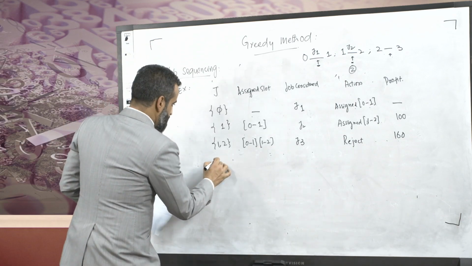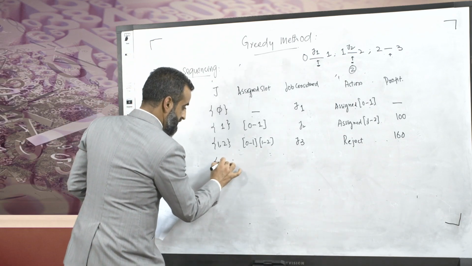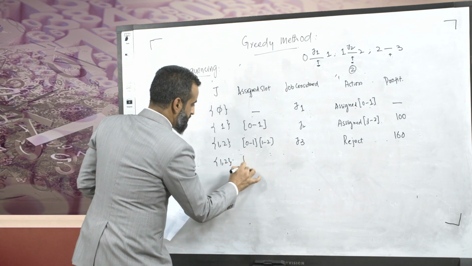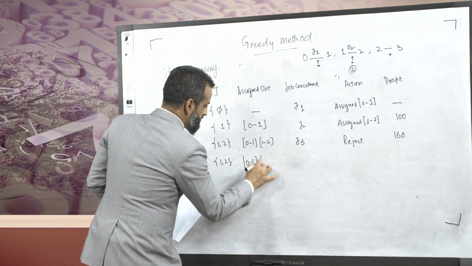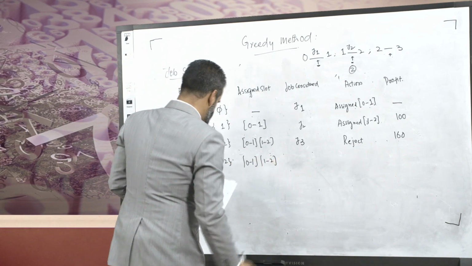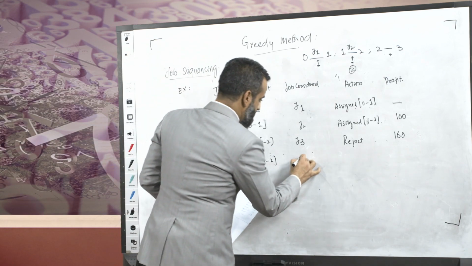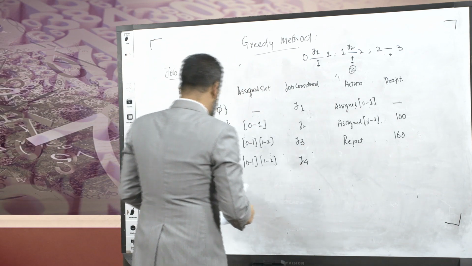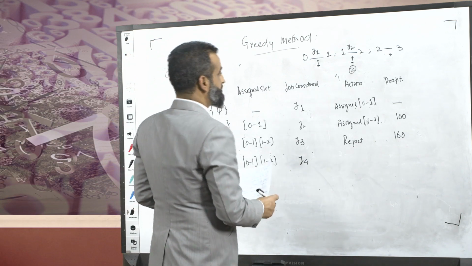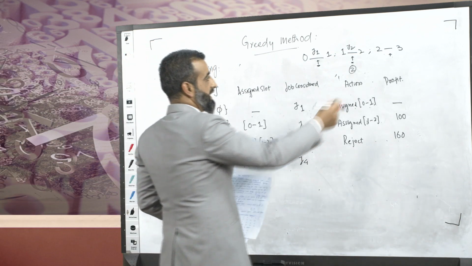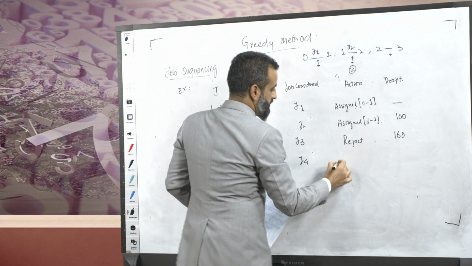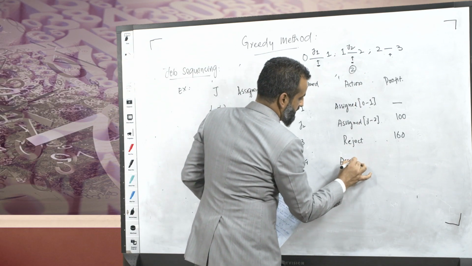The solution set still contains 1 and 2, and slots 0 to 1 and 1 to 2 are still occupied. The job I am going to consider is J4. J4 has a deadline of 3, and since I have a free slot, I will assign that free slot to job J4.